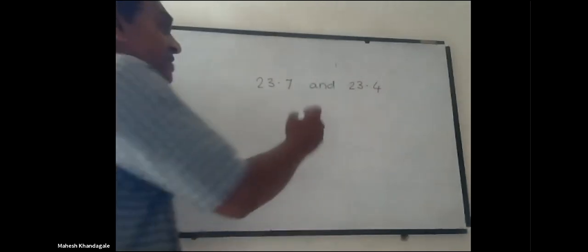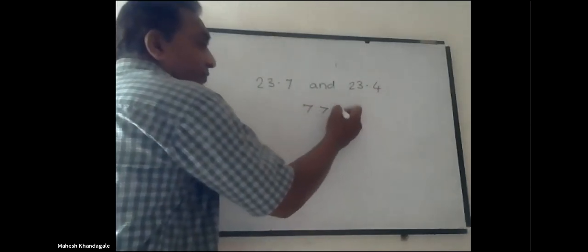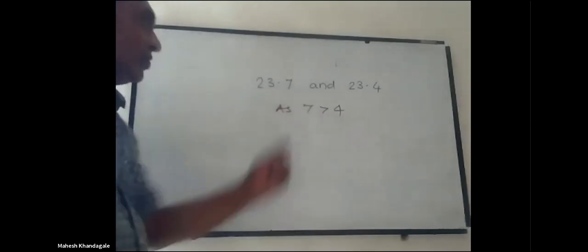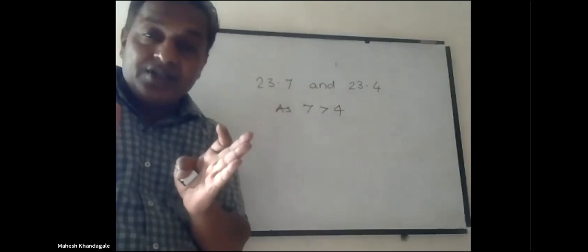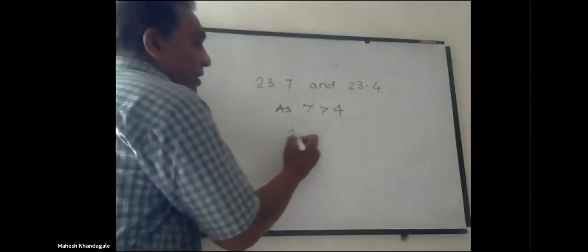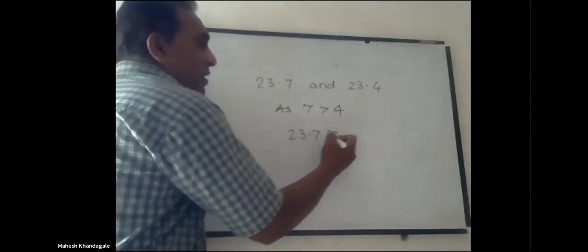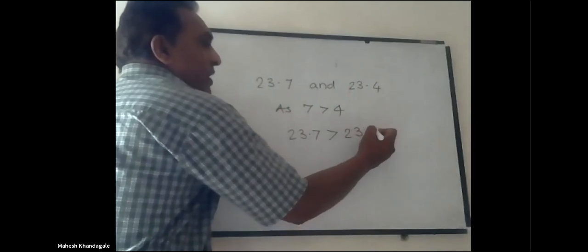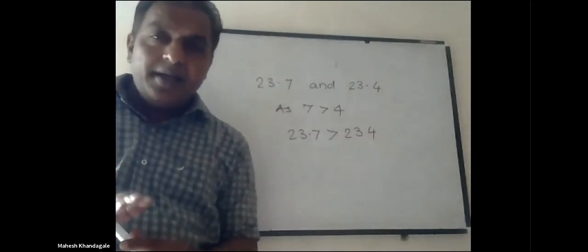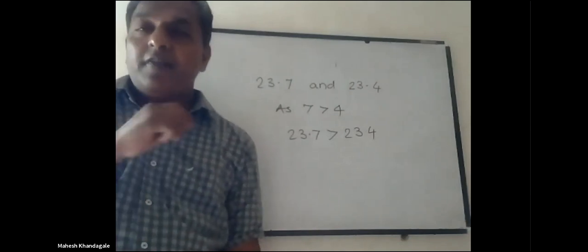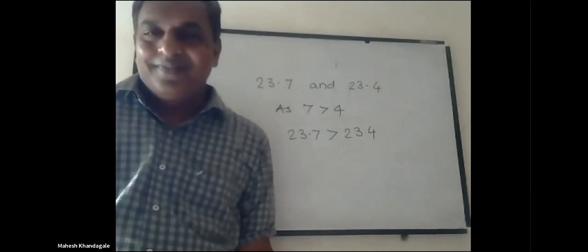So 7 is greater than 4. So as 7 is greater than 4 in the tenths digit, the whole number 23.7 is greater than 23.4. Understood clearly? Any doubt? If you have a doubt, you can ask please. Don't worry. Okay?